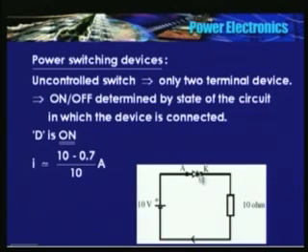Assuming that the voltage across the diode is around 0.7 volts, the current is approximately 10 minus the drop across it, divided by the load resistance. I am neglecting the on-state resistance of the diode, and just saying this drop remains constant.